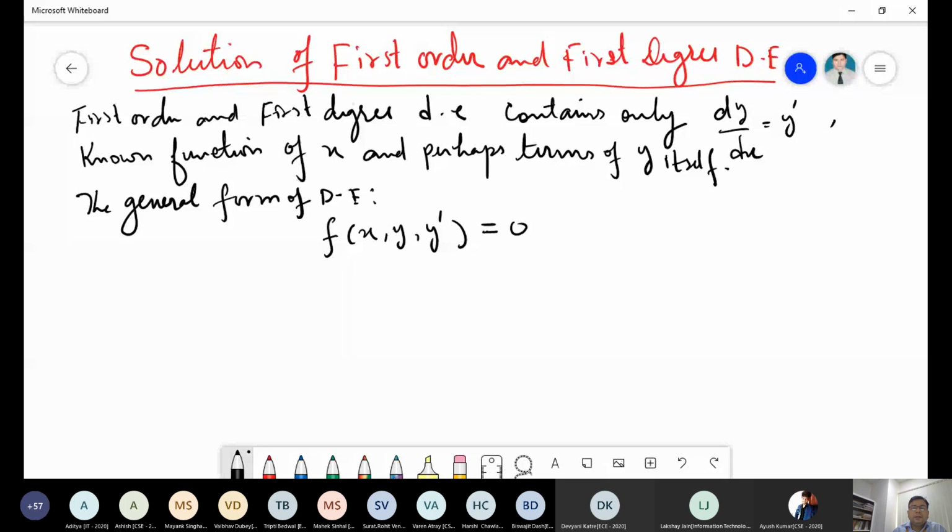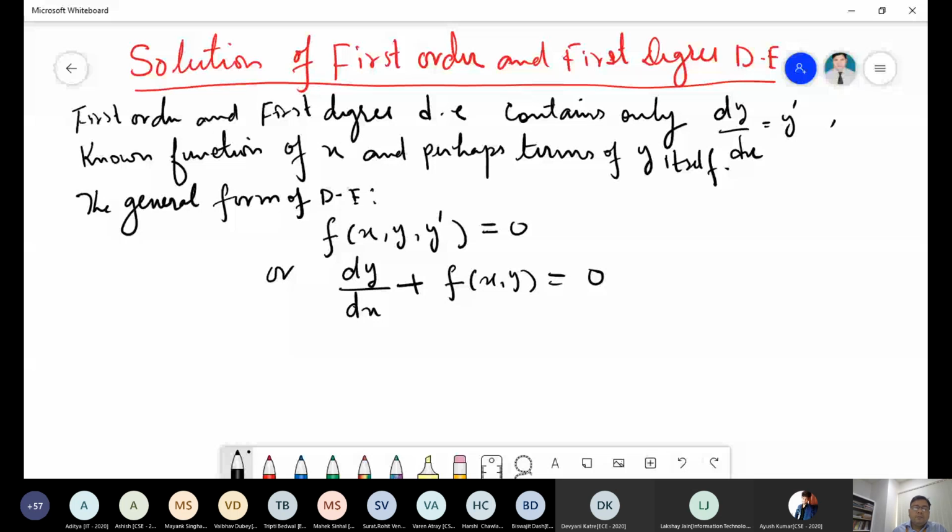So this function indicates that there should be x, maybe your y and y dash will be there, or we call it dy upon dx, plus the function of x comma y, and it will be equal to 0. So this is the standard, the general form of the first order and first degree differential equations, right?